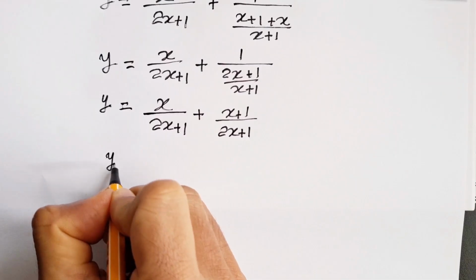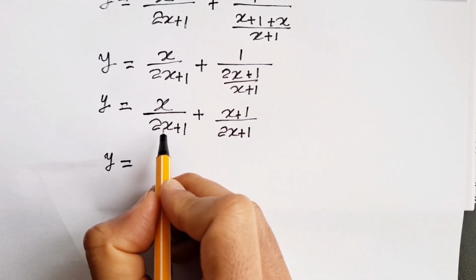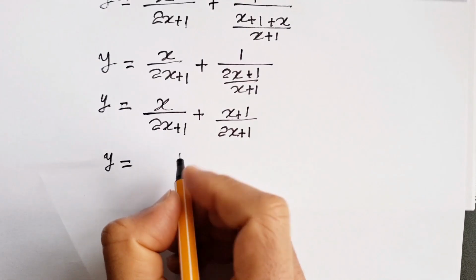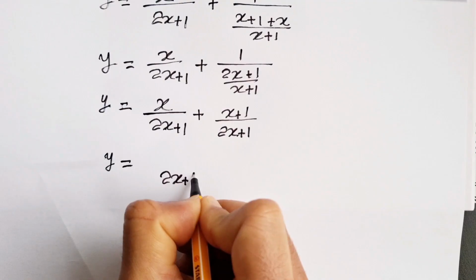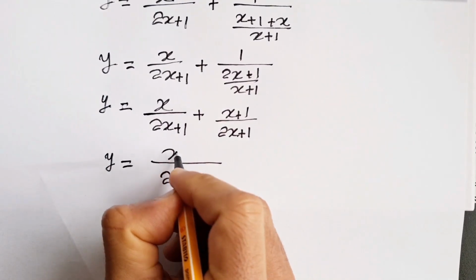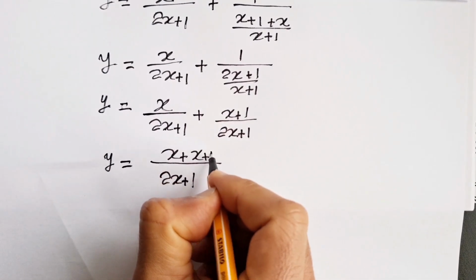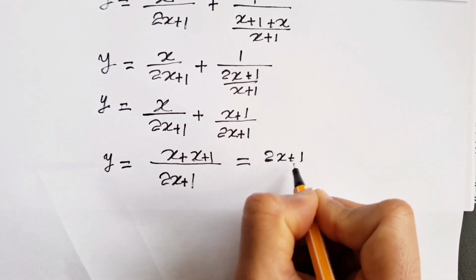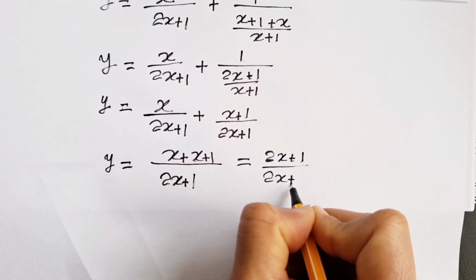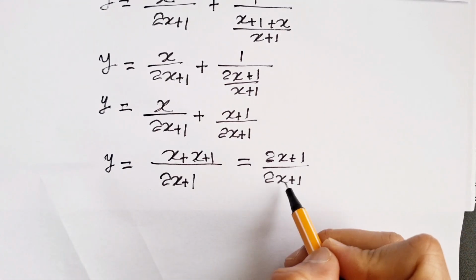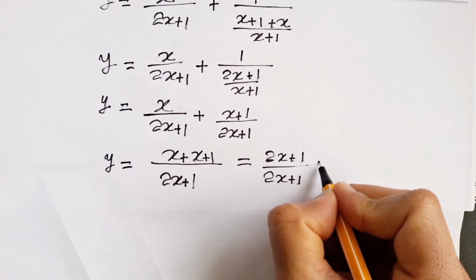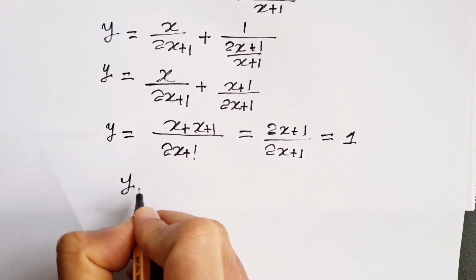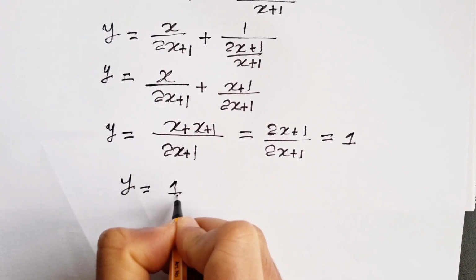Now y equals, so the denominator is 2x plus 1, here also 2x plus 1, we can simplify this into 2x plus 1, x plus x plus 1, x plus x, 2x plus 1 over 2x plus 1. So here numerator and denominator are the same, so the answer is 1. So our final answer is y equals 1.